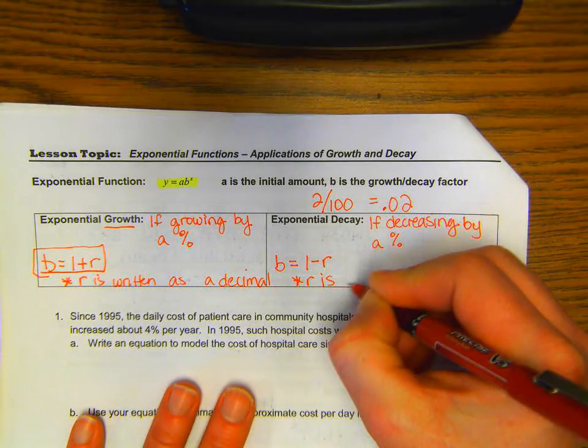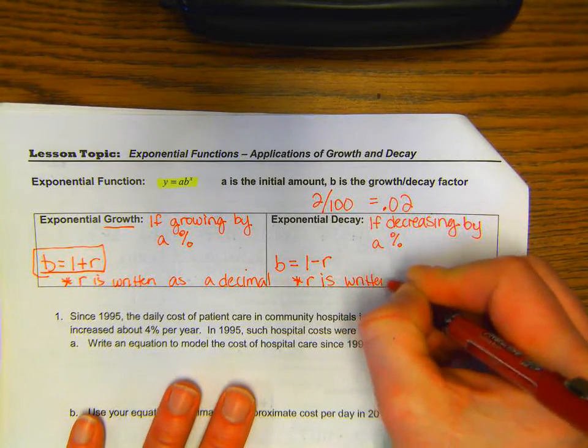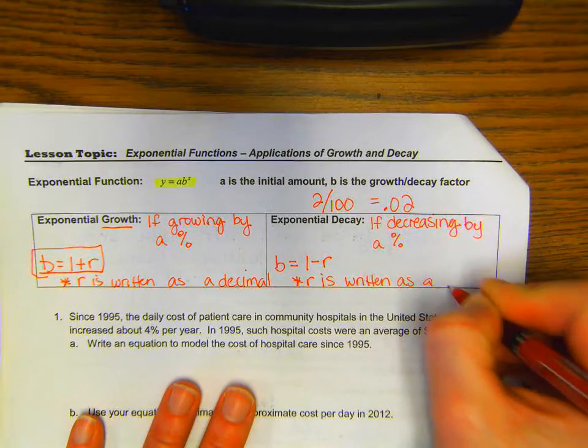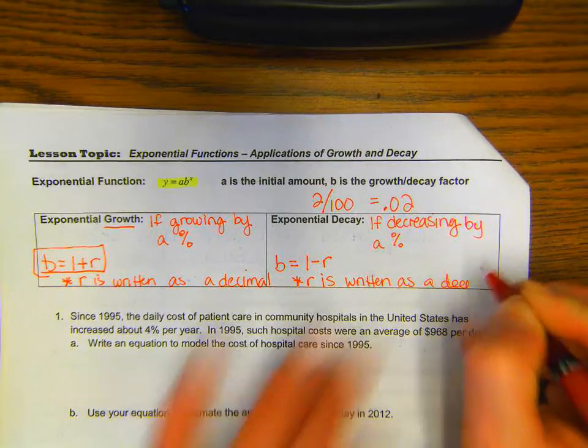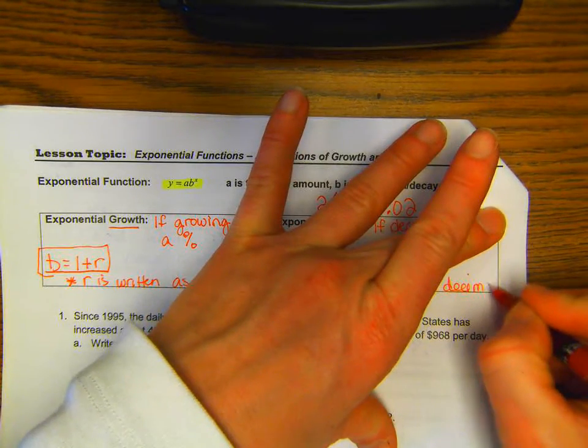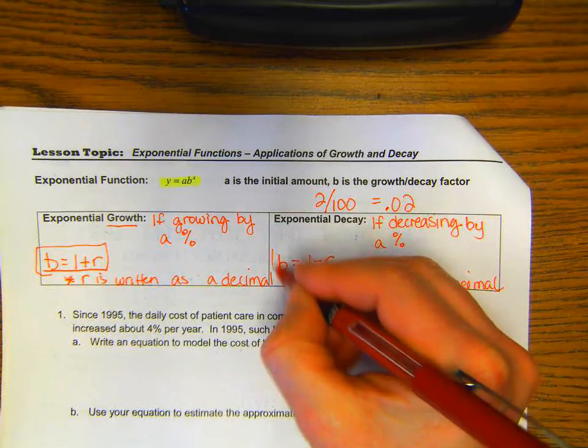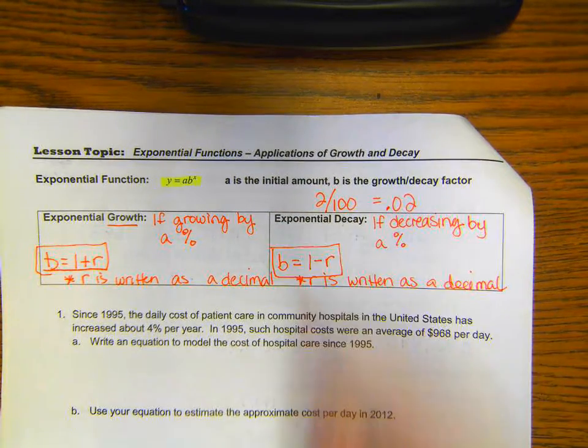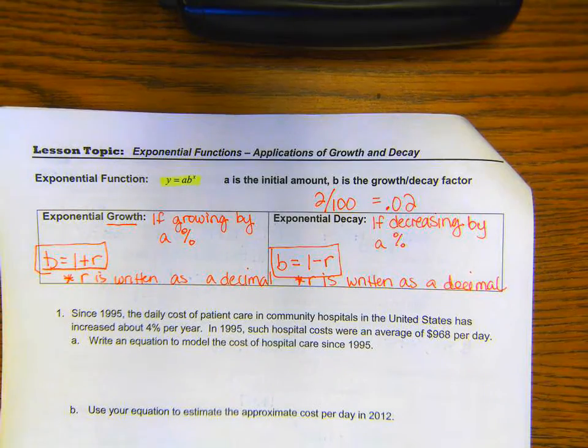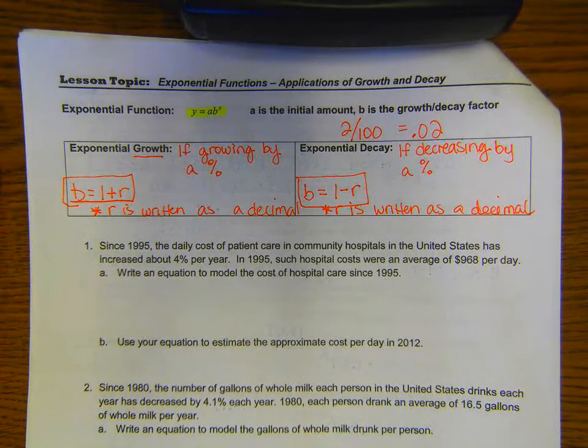One minus R, or 100% minus R percent, okay? As long, again, as R is written as a decimal. So that was kind of our recap of all those tables we did yesterday.